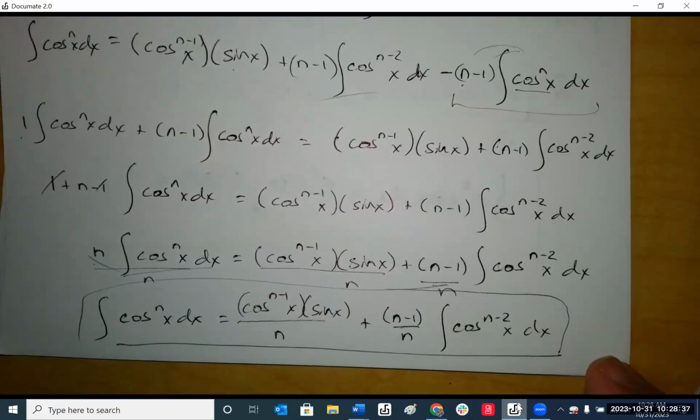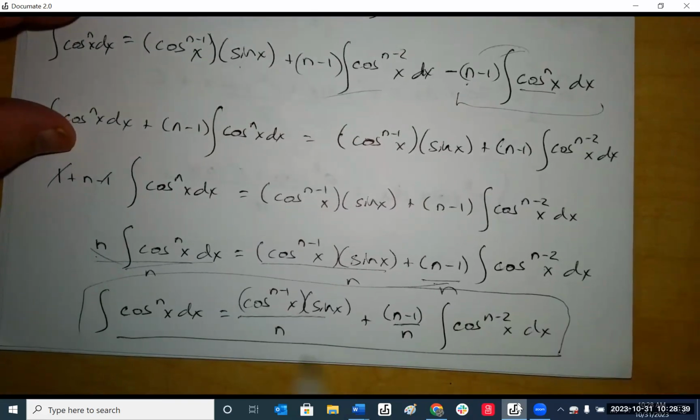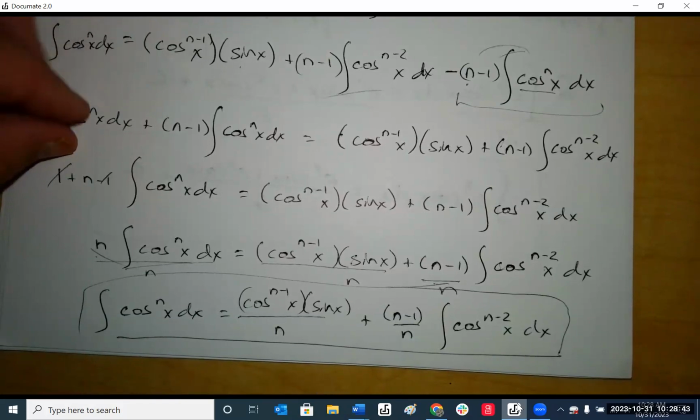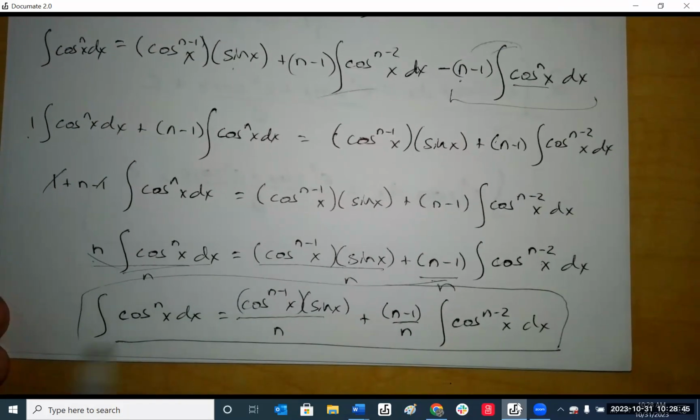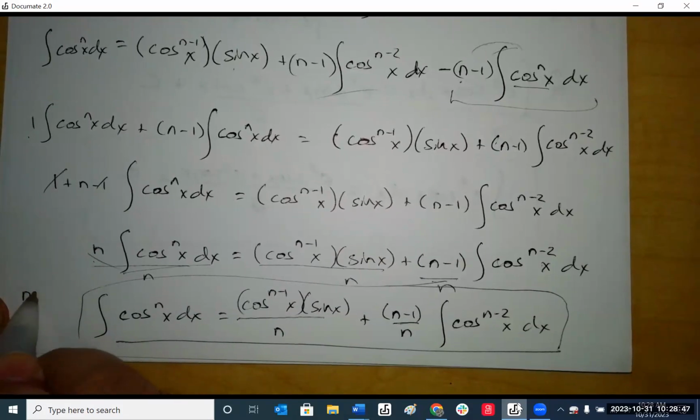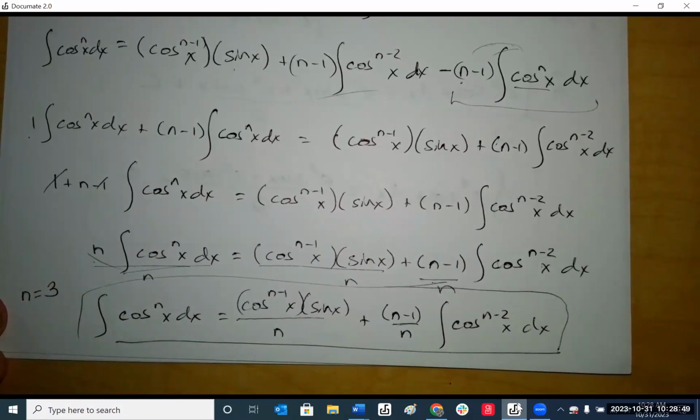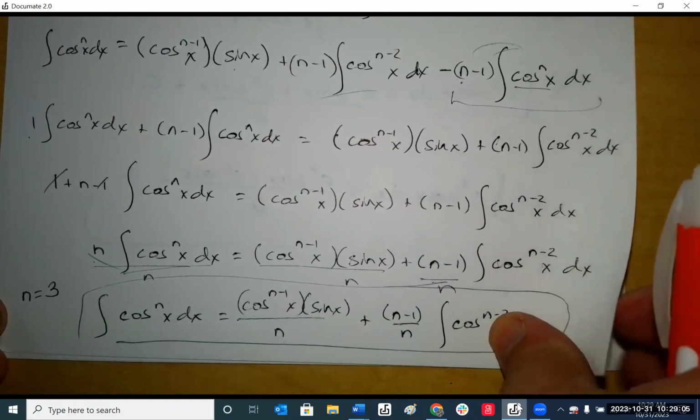For example, so this is our formula. So for any n that you're given, let's say n equals 3, you could place a 3 in place of n everywhere, and you'll come up with a formula. I'll show you.